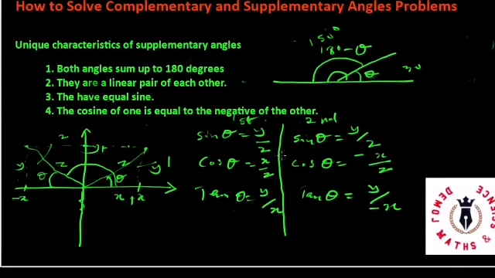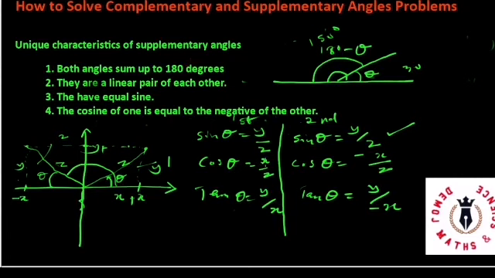For supplementary angles, the sine of both angles are positive. They are equal. The sine of theta at the first triangle, in the first quadrant, and the sine in the second quadrant are both equal. For supplementary angles, the cosine of one is equal to the negative cos of the other.